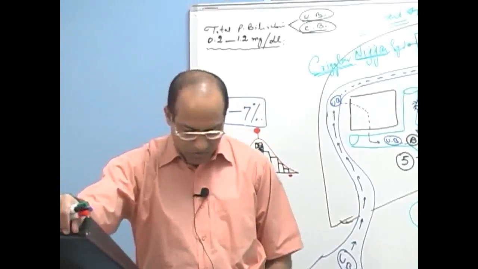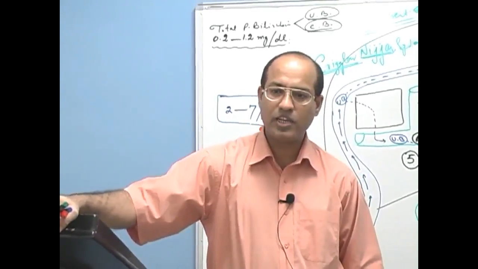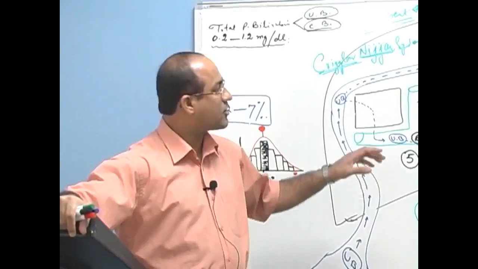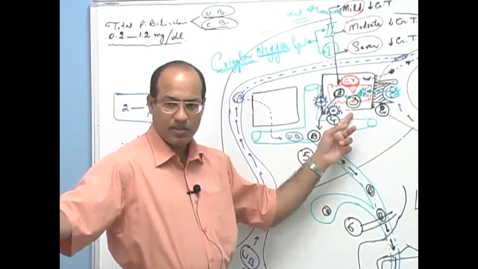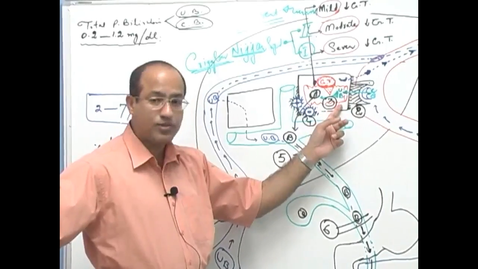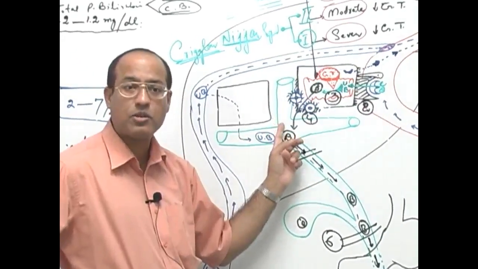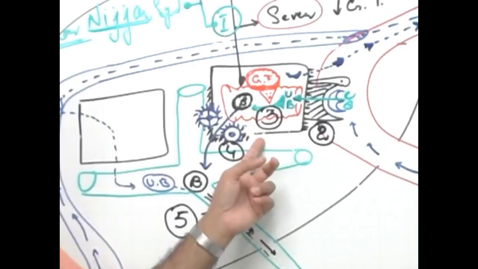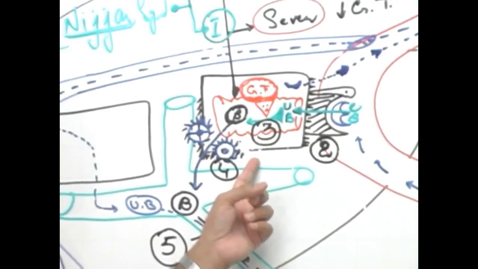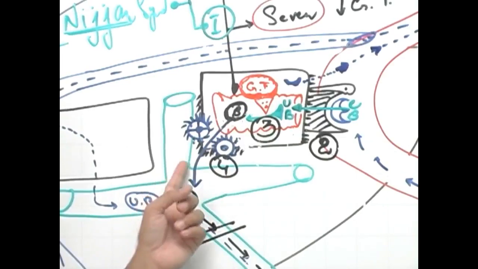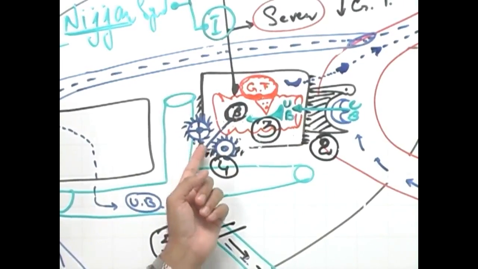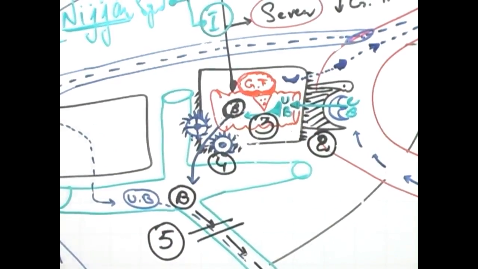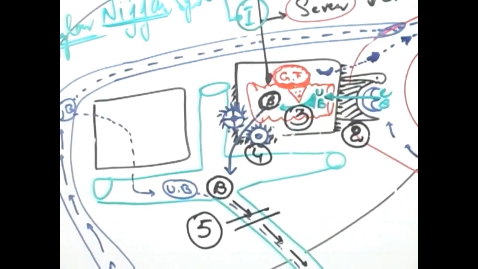Anything which produces hepatitis will lead to dysfunction and swelling of hepatocytes. When hepatocytes have impaired function, number one, they will have impaired conjugating function. Number two, they will have impaired secretory function to the bile side. Due to that, in hepatocellular injury or hepatitis, the patient develops jaundice in which not only unconjugated bilirubin goes up, but the bilirubin which is getting conjugated may not be able to pass through the biliary outflow system, so it will also spill back to the circulation, and the patient may develop conjugated hyperbilirubinemia as well.